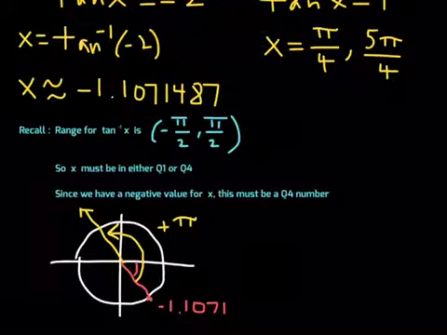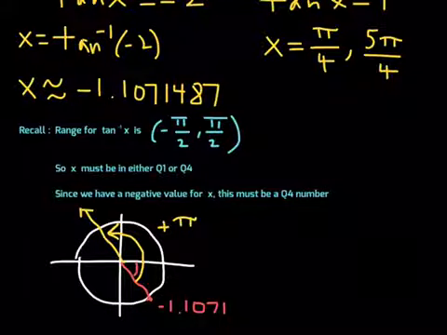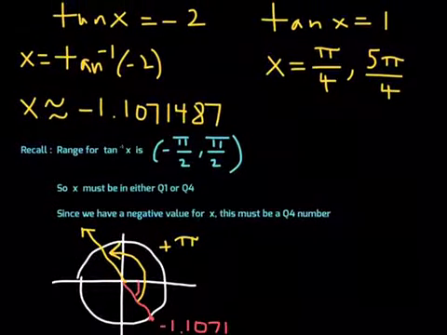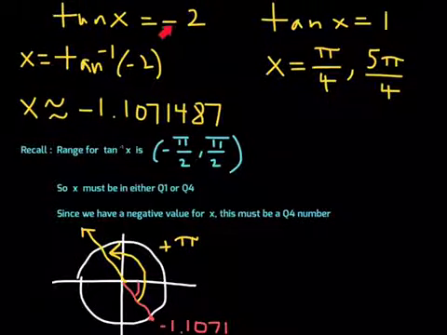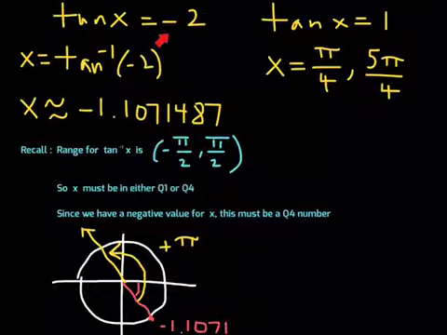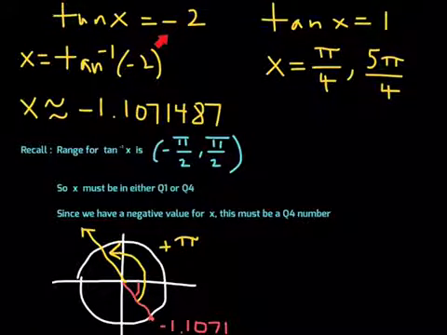All right, so let's see. That would give us one answer for when tangent is negative. Remember that this is the statement that you and I got. If I can scroll back up just a little bit here, right here, tangent of x is negative 2. That means you're going to have an answer in quadrant 2, and you're going to have an answer in quadrant 4. That's when tangent's negative.